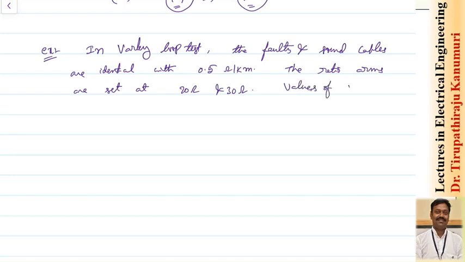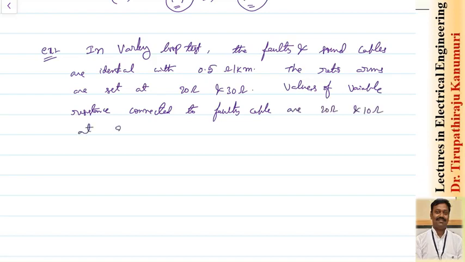Values of variable resistance connected to the faulty cable are 20 ohms and 10 ohms at the two positions of the single pole double throw switch, that means the SPDT switch.